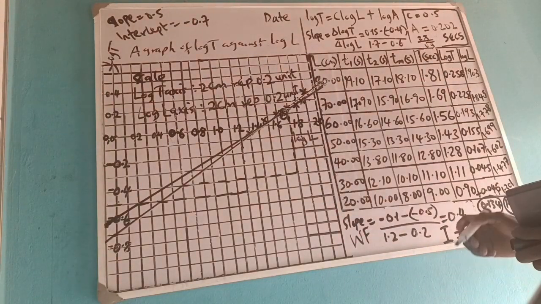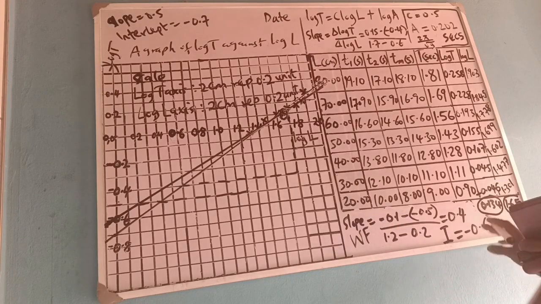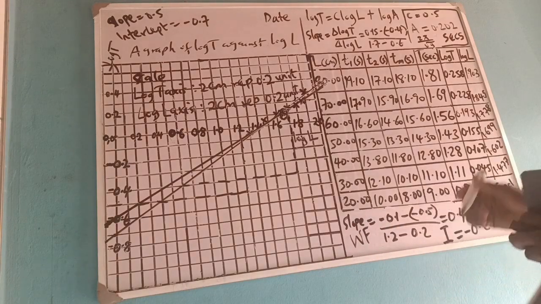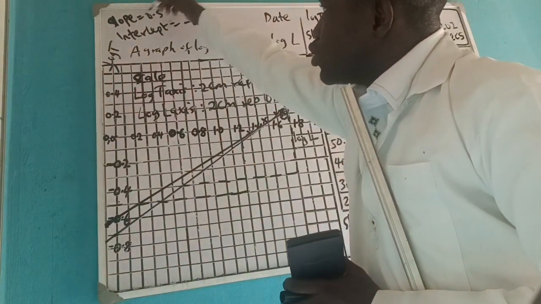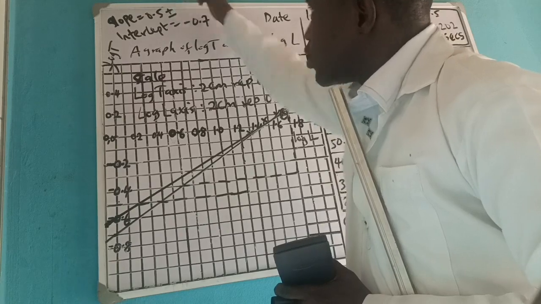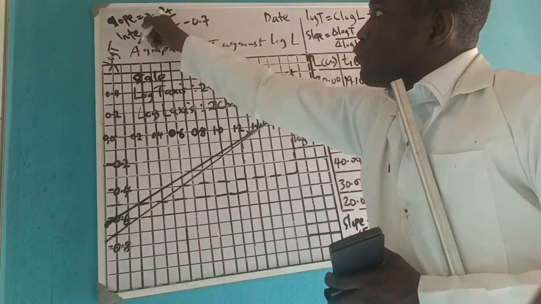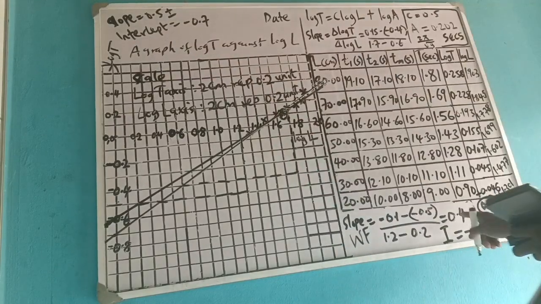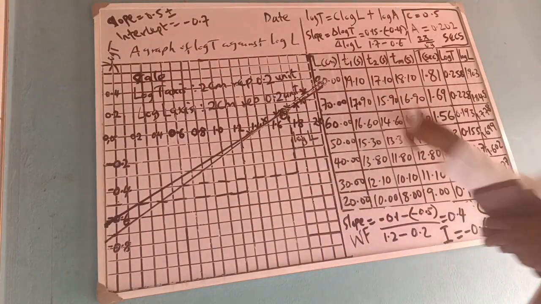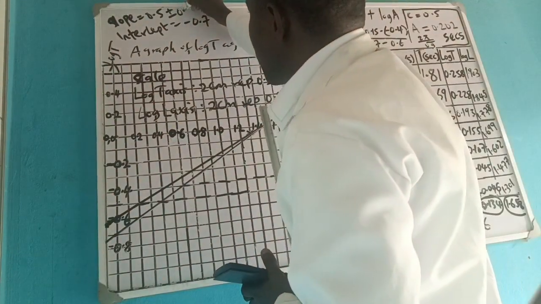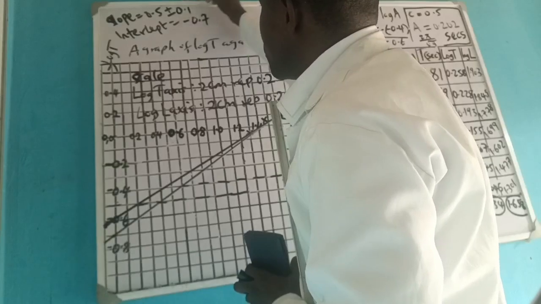Once you're able to get the slope of the worst fit and the intercept of the worst fit, you have to say that in conclusion, my slope will be equal to slope plus or minus the one of best fit minus the one of worst fit. 0.5 minus 0.4 will give me 0.1. No unit.